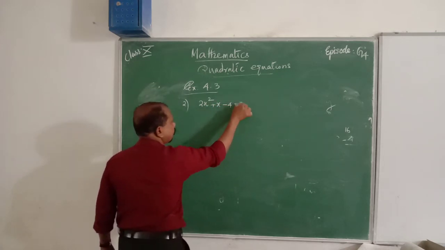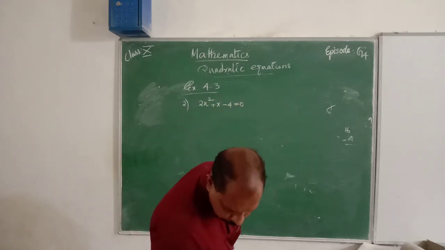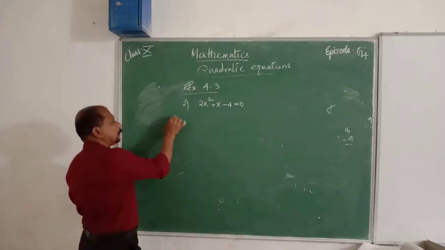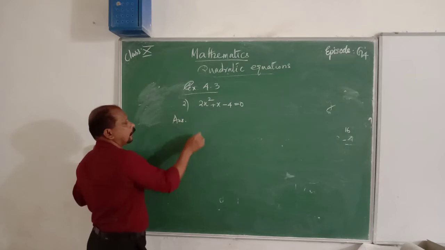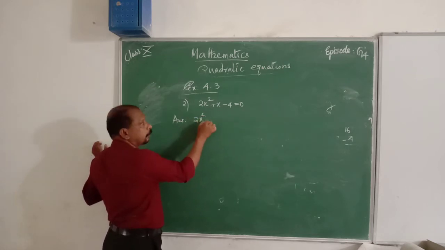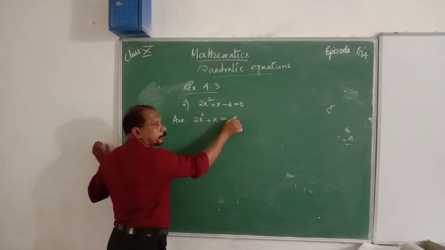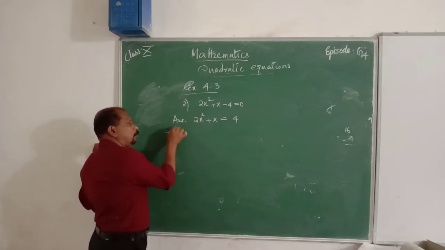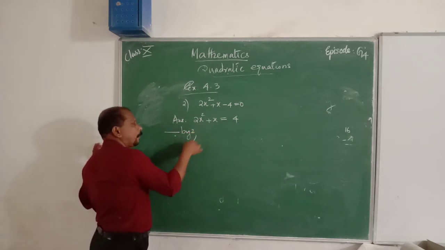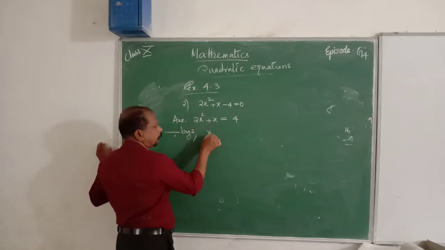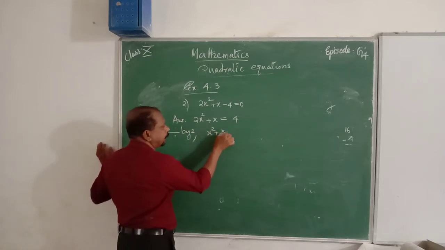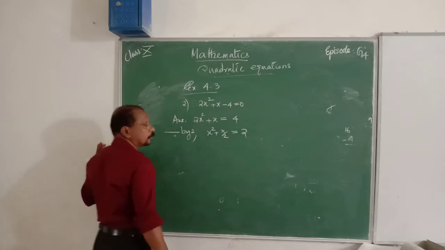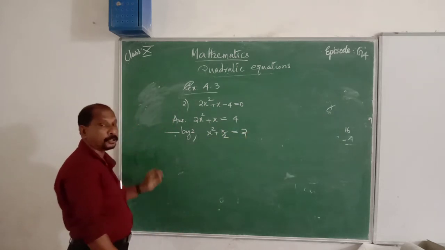That is the second question. Similarly, as for the first one, the answer is 2x square plus x is equal to 4. Then the coefficient of x square is 2, therefore dividing by 2. x square plus x by 2 is equal to 4 by 2, which is 2. The coefficient of x is 1 by 2.